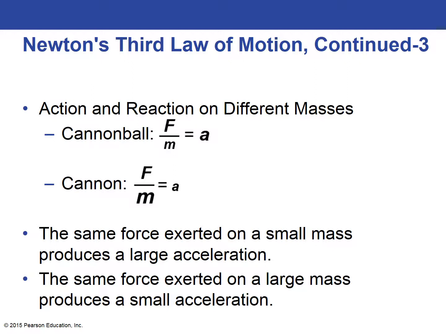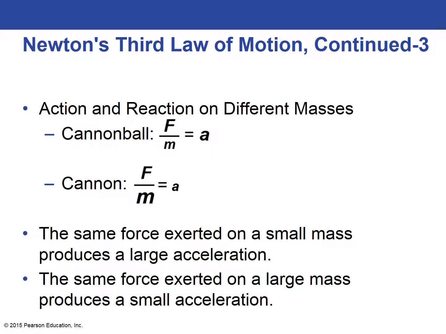We apply Newton's third law of motion by saying that at the time of the explosion in the chamber that propels the ball out of the nozzle of the cannon, there is an equal and opposite force of the ball on the cannon itself.